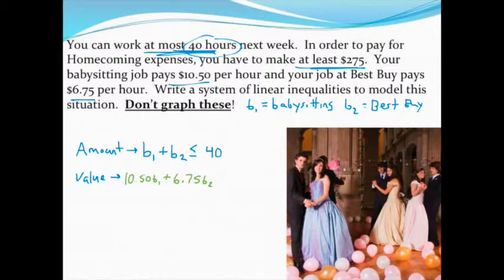And I want to make sure that the amount I make is at least $275. Again, I'm going to skip over the inequality for a second and put down the $275. Now, the amount of money that I make is over here. I want to make sure that that is at least $275. So in other words, greater than $275, or at a minimum I could be equal, so I'll include the equal to bar. So there's the system of two inequalities that would represent this situation.